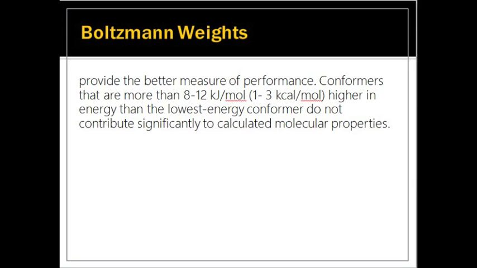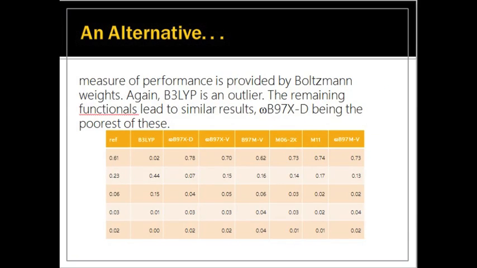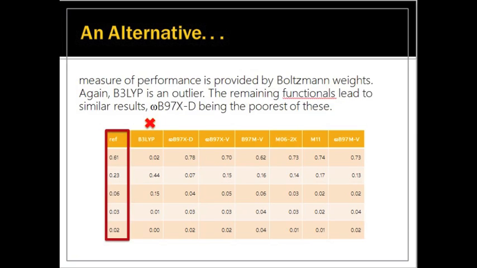Here's another table. These are the Boltzmann weights of the top 5 conformers from the reference, and you can see these sum to 90%, 85%, something. They're not 100%, but they're summing to the majority. So this is the reference. If I look at B3LYP, I'm completely off.